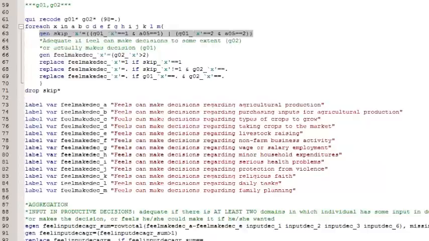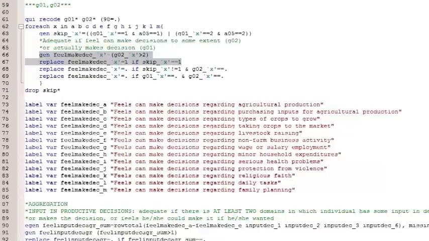Then we create feel_make_dec_X. Feel_make_dec_X is equal to 1 if skip_X is equal to 1. That means feel_make_dec_X is equal to 1 if the individual actually makes the decision. And it's also equal to 1 if the individual participates in making the decision to a medium or high extent.